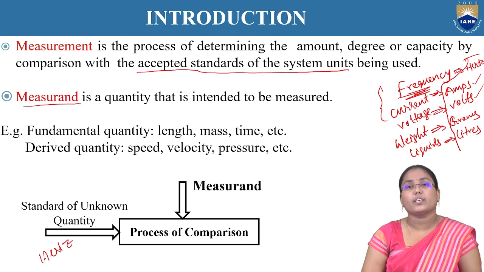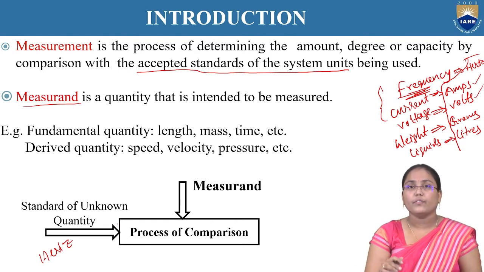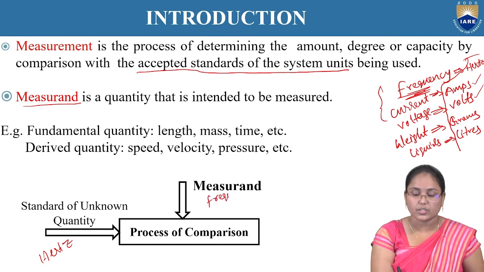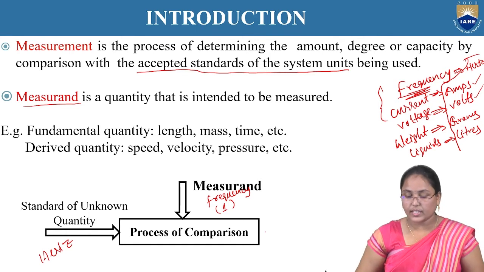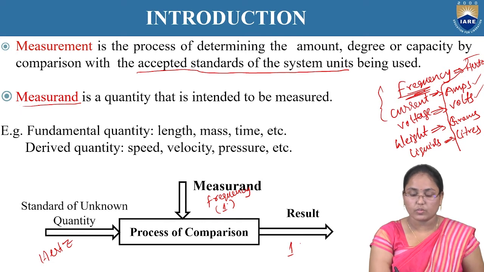We give the measurand, and with respect to the standard we make a comparison here. For example, I'm measuring frequency and it is showing 1 hertz. So finally the result will be 1 hertz or 1 kilohertz.